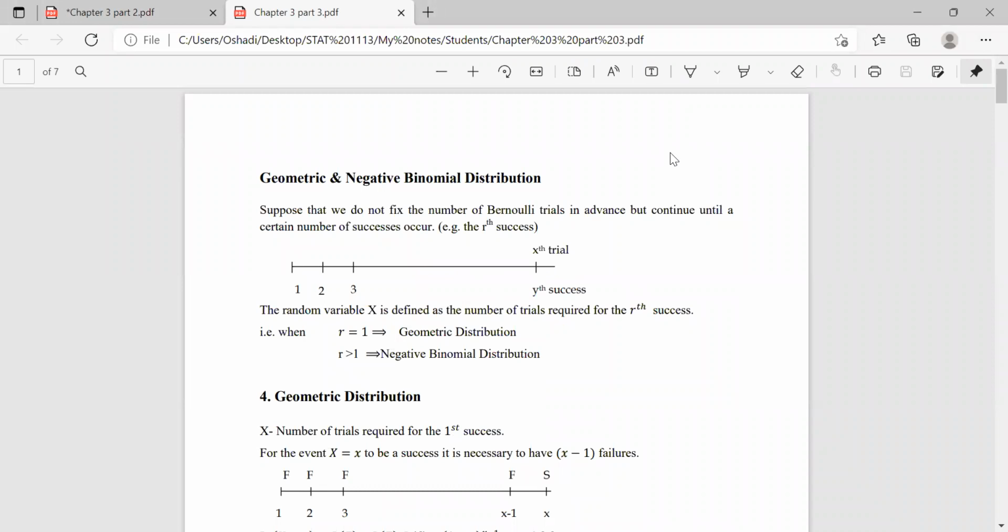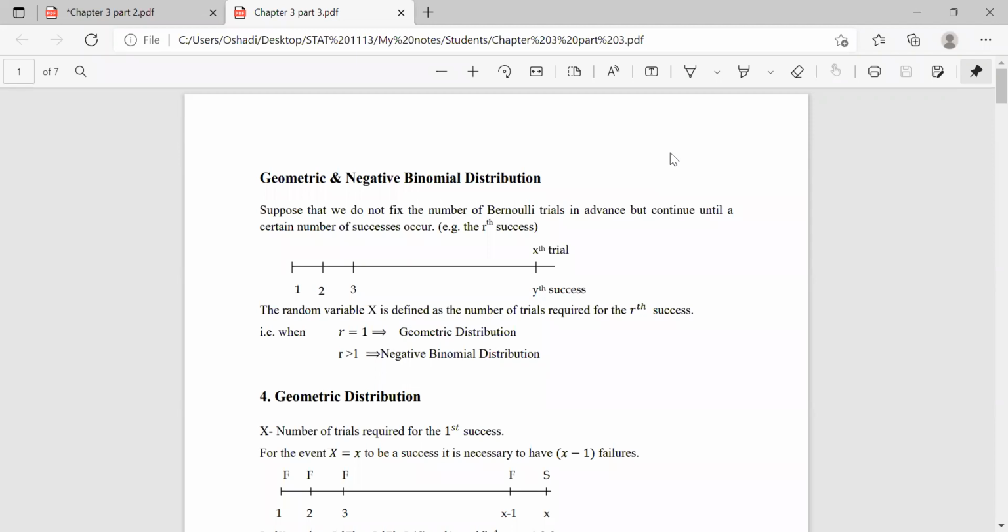Okay, the next distributions are geometric and negative binomial distribution. So in the binomial distribution, there is a fixed number of Bernoulli trials, right? In the earlier example, you may recall that there are 10 customers and 4 tosses.